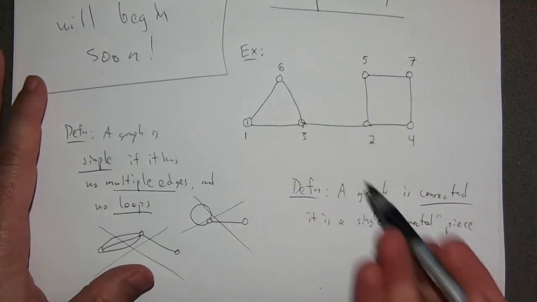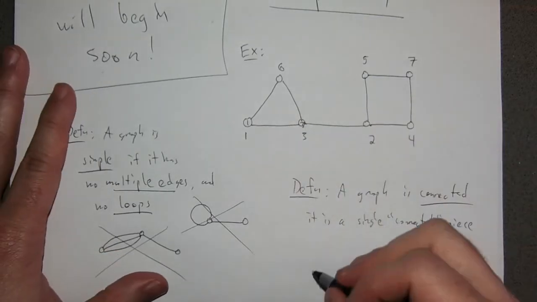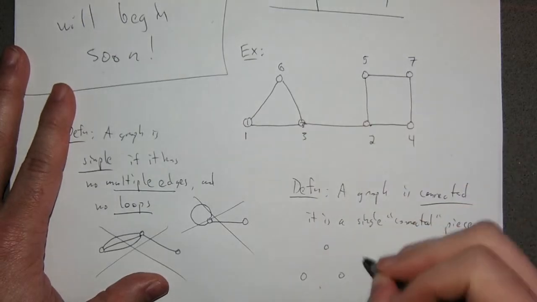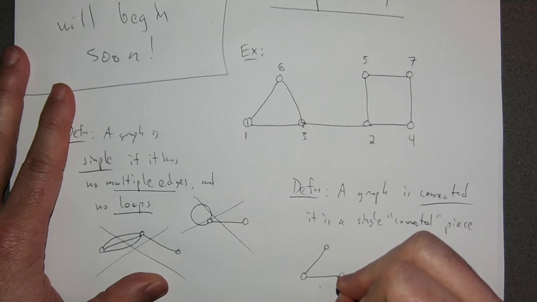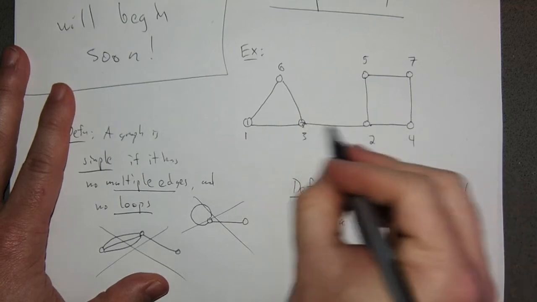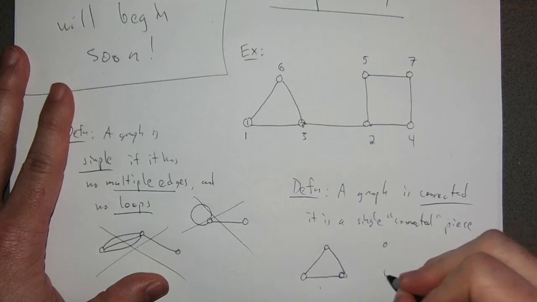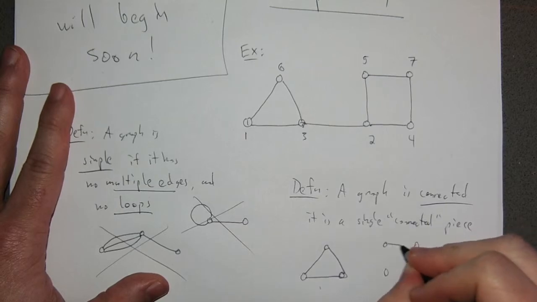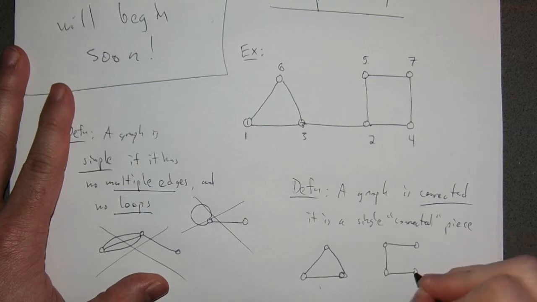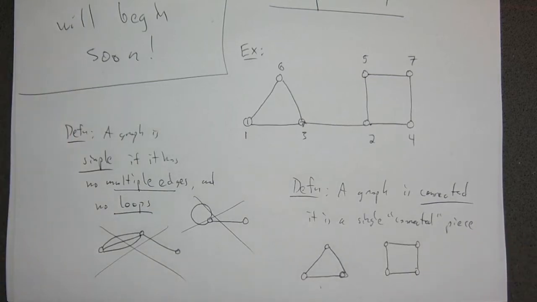An example of a graph that is not connected would be this graph I have here, except instead of there being this 2-3 edge, they're just disconnected. You might say, wait, isn't that two graphs? Well, I could call it two graphs, but because it's appearing here in the same place, I can think of this as a single graph, but it's disconnected, meaning vertices over here and vertices over here, there's no path between them. There's no way that I can reach one from the other side. So this would be an example of a disconnected graph.